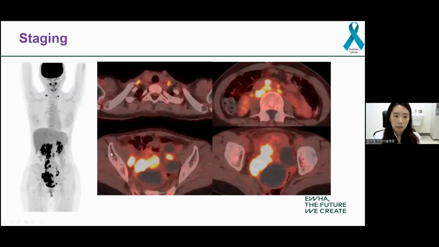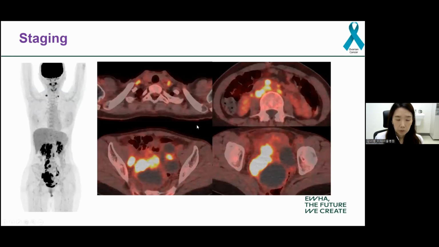The first case is an ovarian cancer patient, stage 3C. Here is a bilateral cystic mass with a hypermetabolic portion in the pelvic cavity, and also multiple hypermetabolic lymph nodes in the para-aortic chain and iliac area, and also both supraclavicular fossae.